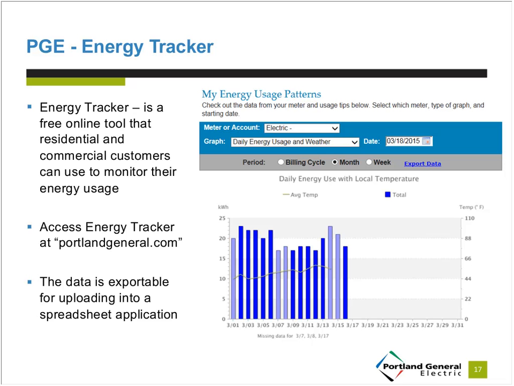You have the ability to look at daily, weekly, or monthly usage patterns, and you have the ability to actually add in, if you see this little line right here, what the weather was like on those particular days. So you can take a look and see how your usage compares to the weather conditions.